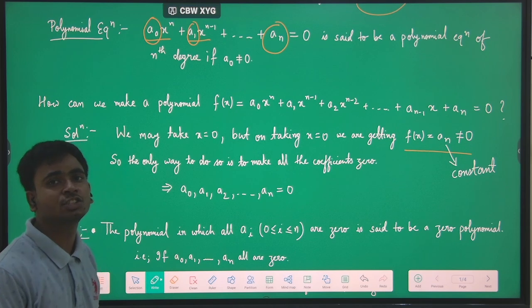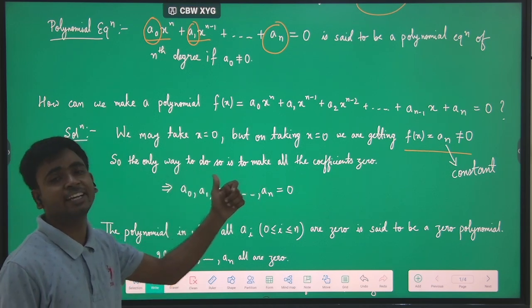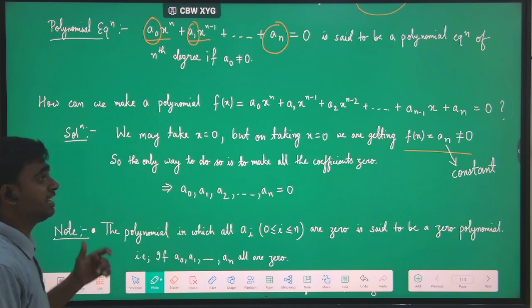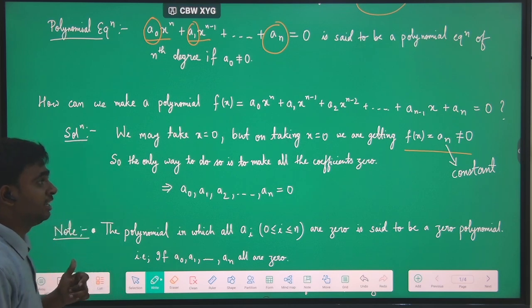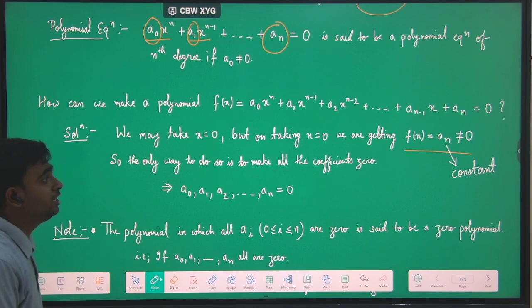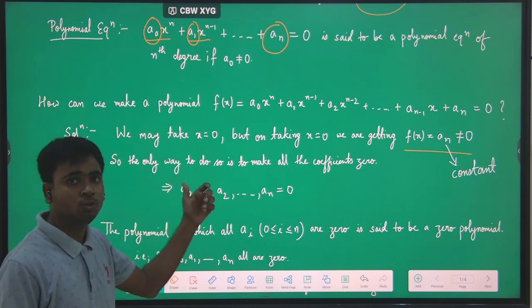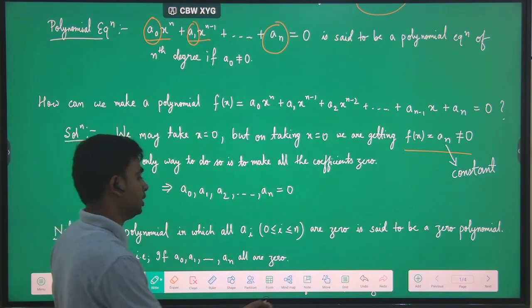Whenever we get f(x) as a thing in which the degree of x is 0, we say that f(x) is a 0 degree polynomial. And whenever all the ai's are 0, then we say that polynomial is a 0 polynomial.